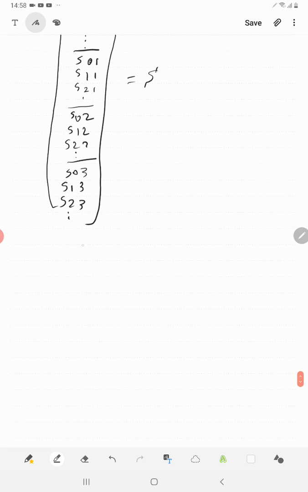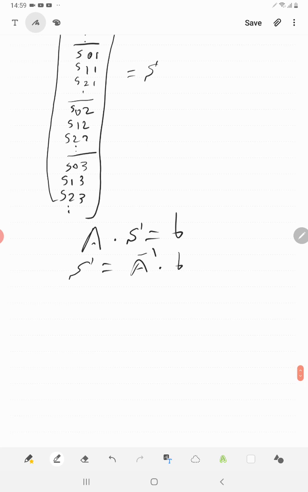Then we can define a matrix A times S equal B. And then S will be A inverse times B, okay? Now, how do you find B?